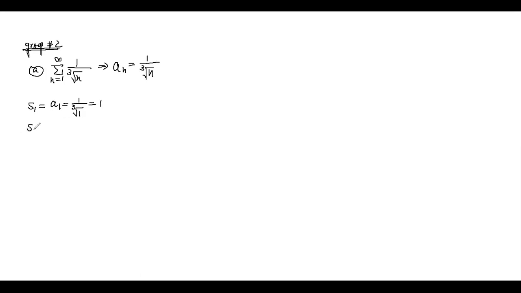Now let's take a look at S2. S2 is just S1 plus the next term a_2, so it will be 1 plus a_2. What is a_2? That means 1 over the cube root of 2. So this number is very close to 1.7937.